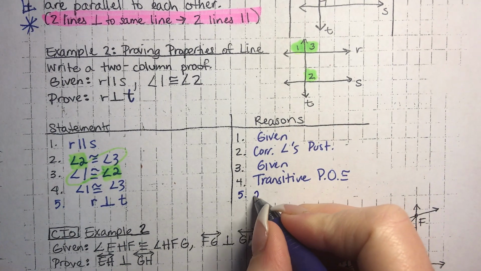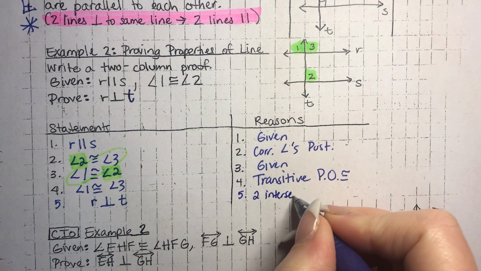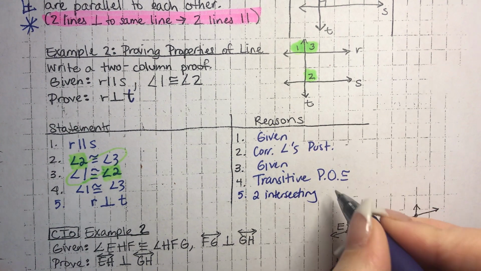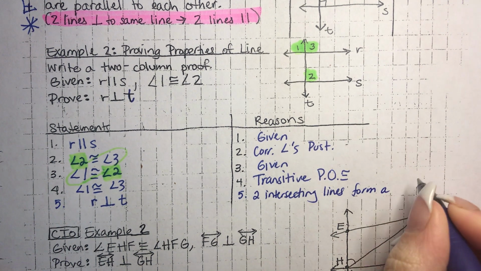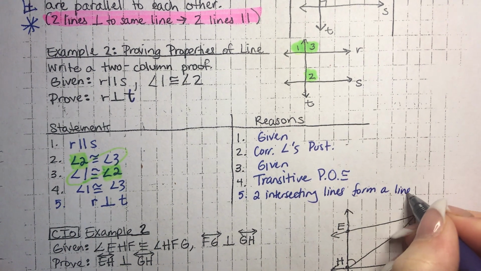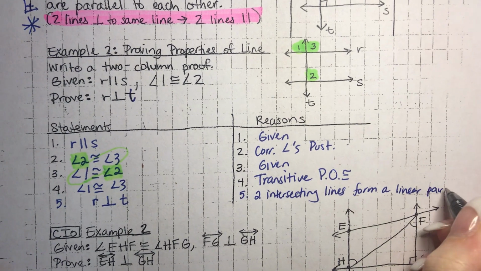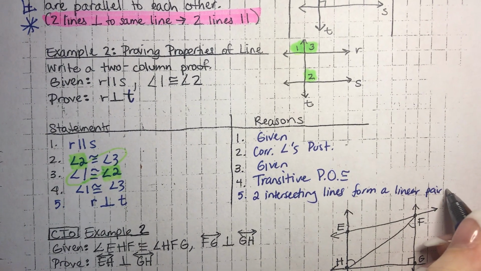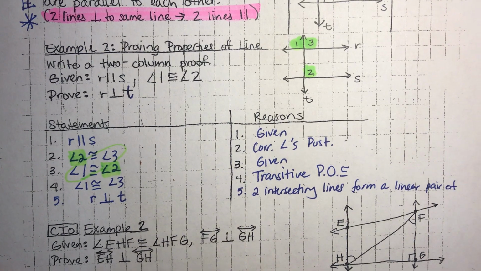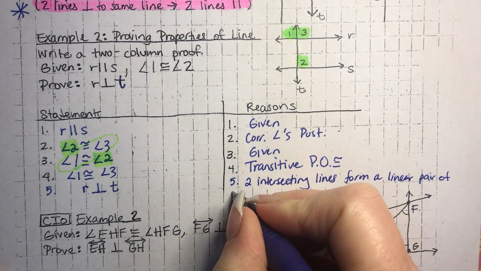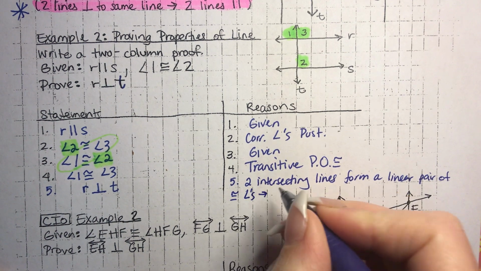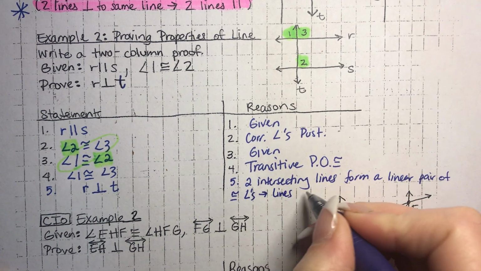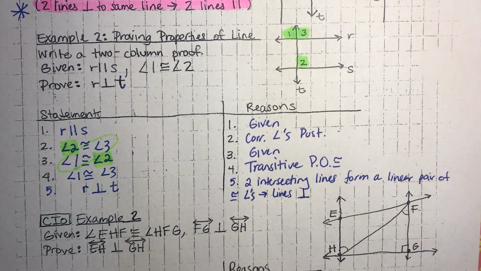So, two intersecting lines form a linear pair of congruent angles, then the lines are perpendicular. All right, perfect.